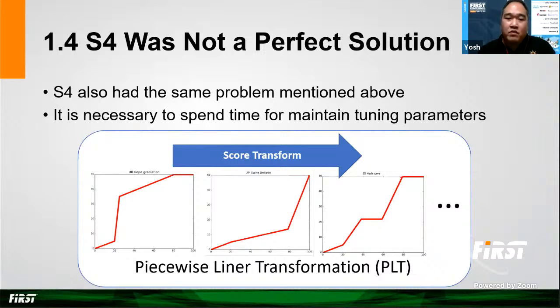PLT is flexible for human thinking, but it is complex. It needs much time for setting the appropriate parameters. In short, this tool gave analysts a time reduction, but also a time increase. That is a fatal problem.